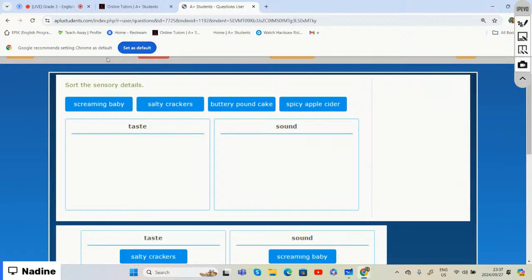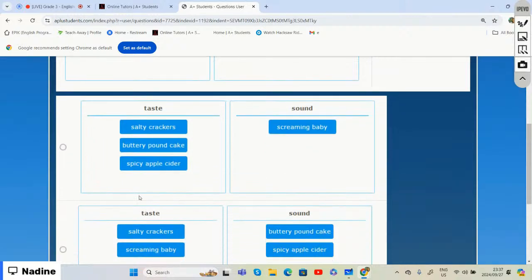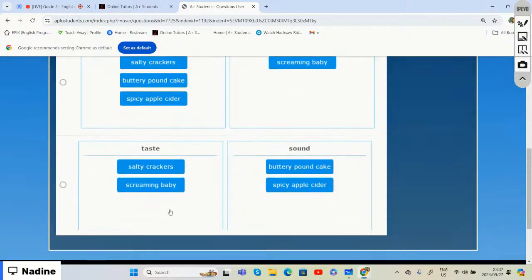We need to sort them under stuff that we can taste and stuff that we can hear. Option one shows under taste we have salty crackers, buttery pound cake, and spicy apple cider, and under stuff that we can hear is the screaming baby. Or is it option two? Under taste we have salty crackers, screaming baby, and under sound we have buttery pound cake, spicy apple cider. Which one is correct?